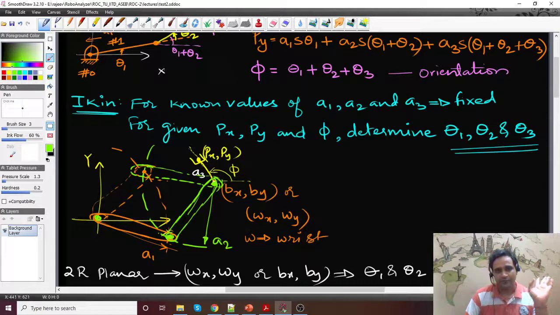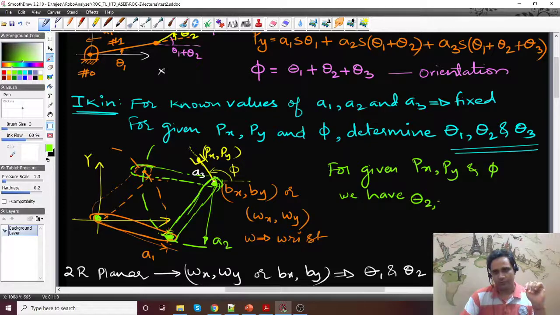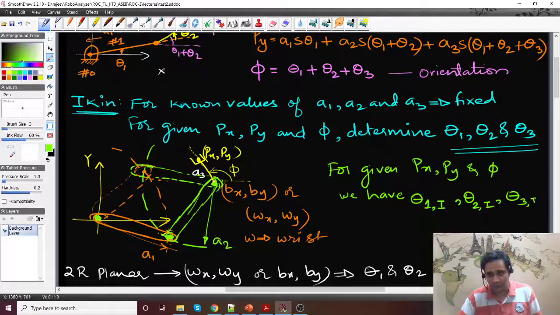So effectively for given px, py and phi, we have theta 1 first solution, theta 2 first solution and theta 3 first solution, because phi is given here, which is the sum of these three angles.